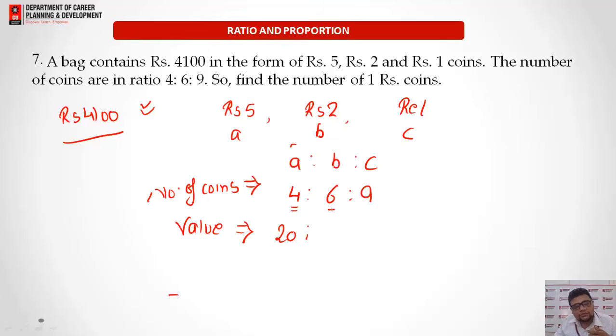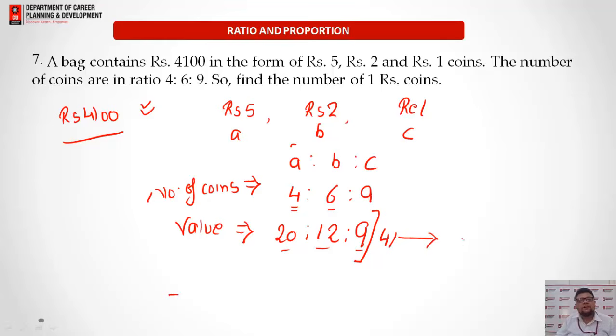If there are 6 coins of 2 rupees, the value will be 12, and 9 coins of 1 rupee, the value will be 9. So this is the ratio of the value. So add 20 plus 12, that is 32, plus 9, that will be 41.